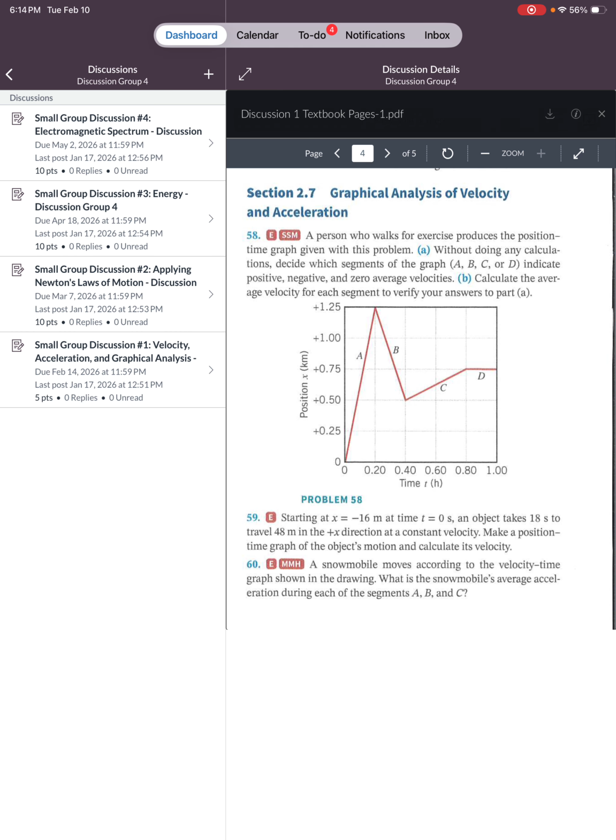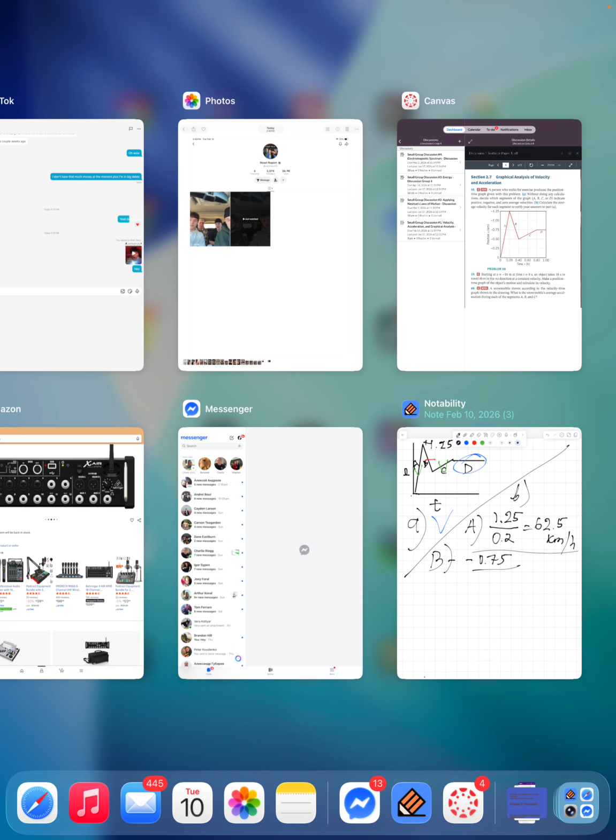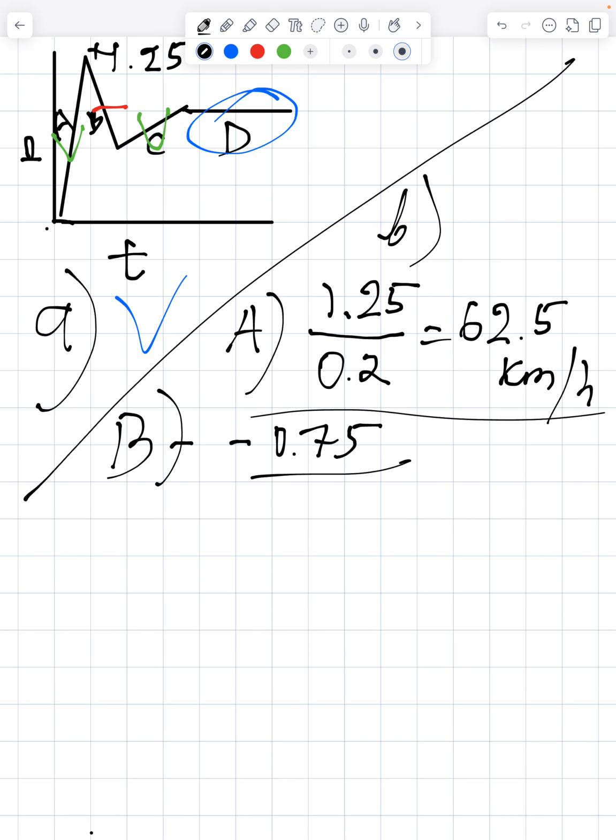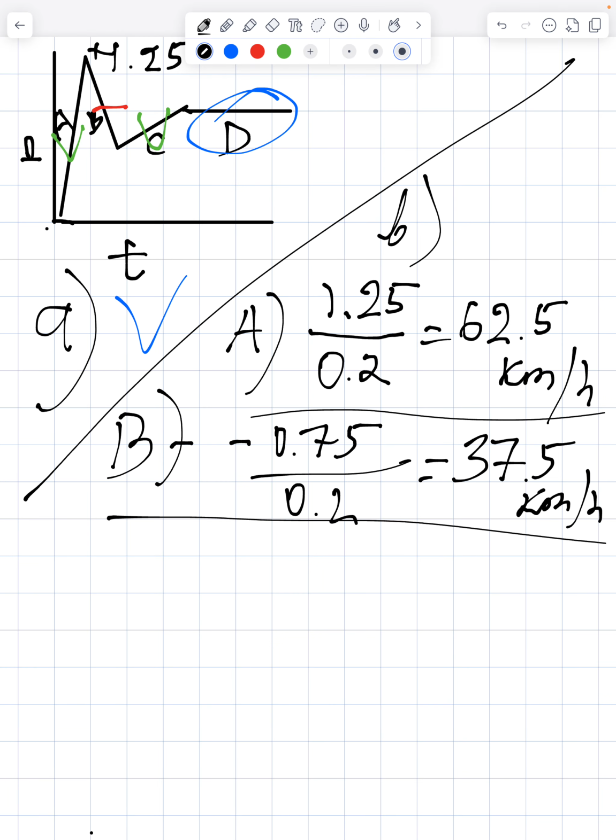Yeah, same, it's going down over 0.2. If we do the math, it's going to be 37.5 kilometers per hour. Now this is part B.